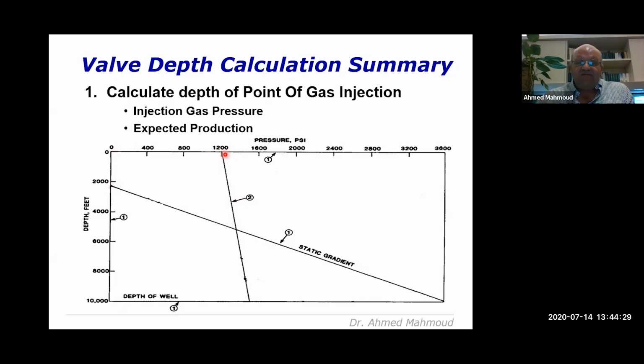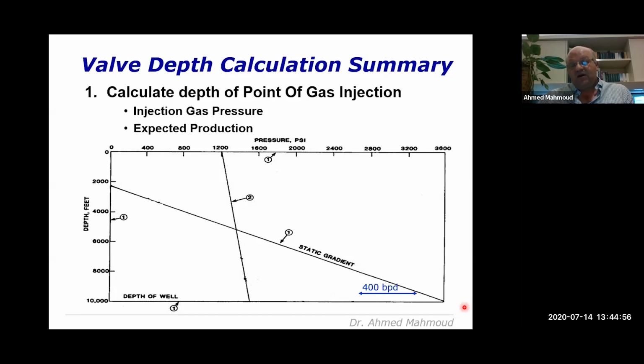And you will have your injection gas gradient, similar to the gas you are injecting inside the annulus. These two will intersect at a point, but my problem is with this static gradient because it is not reaching the surface. Let's take it step by step and see what we do.